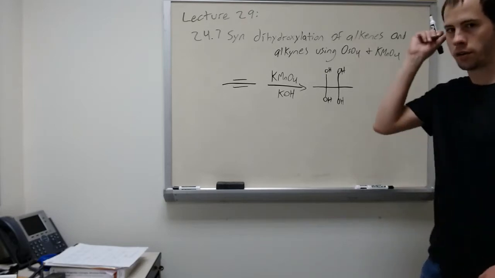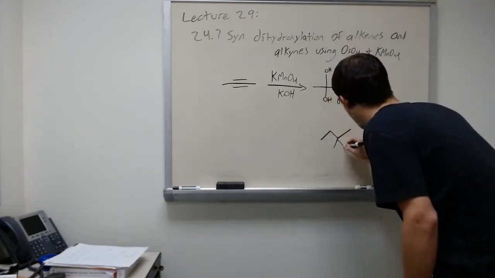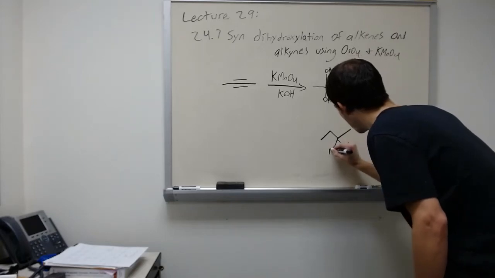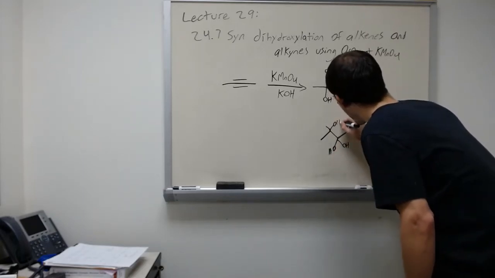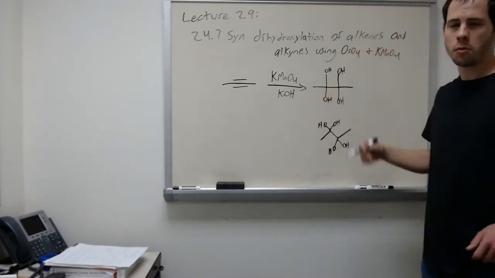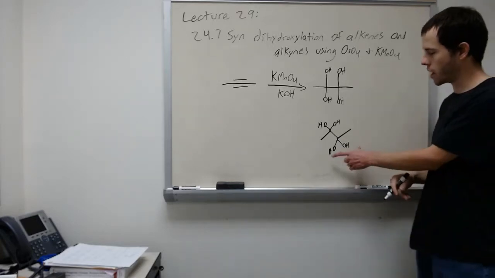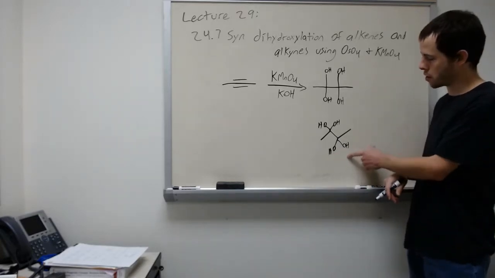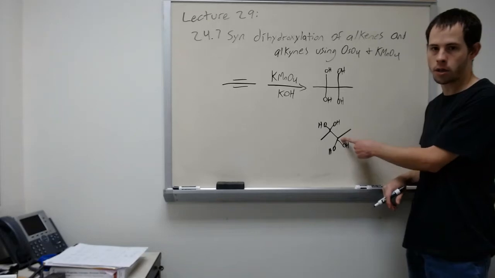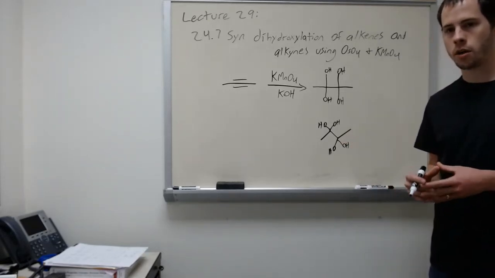If we want to draw that out properly, we have to do our zigzag structure, and it looks like this. Remember back from chapter 17, I believe, whenever we have a hydrate like this, with two OHs coming off of the same carbon, these would prefer to lose water and become the ketone.